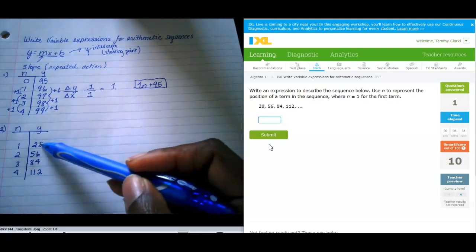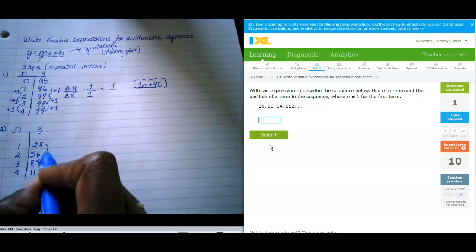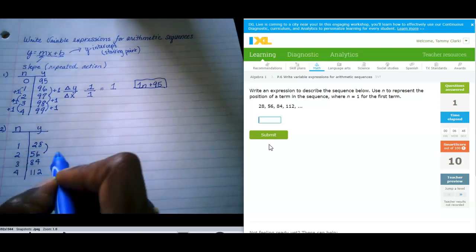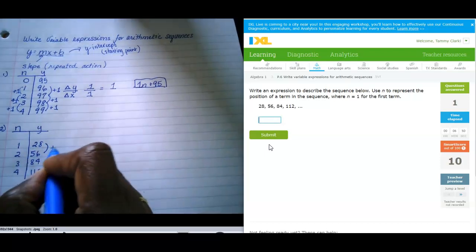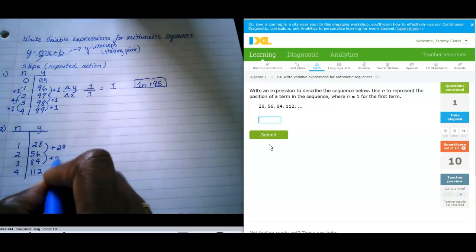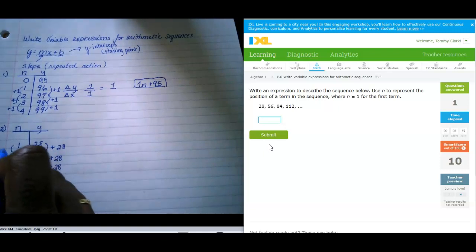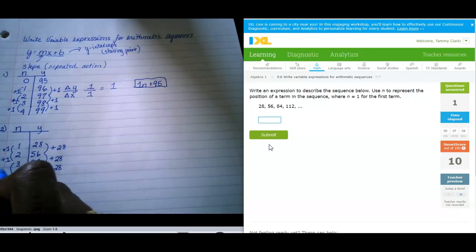Well, if I'm going from 28 to 56, and remember these are arithmetic sequences, then I'm thinking about, okay, what is my change from 28 to 56? Well, it would be plus 28. And here, plus 28. Plus 28, plus 1, plus 1, and then plus 1 again.